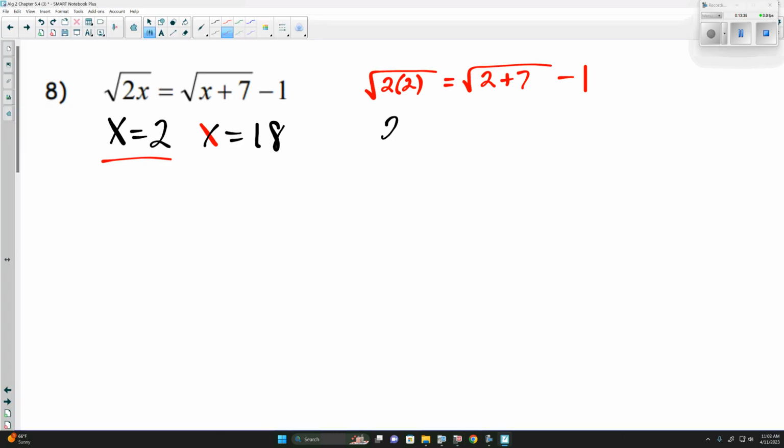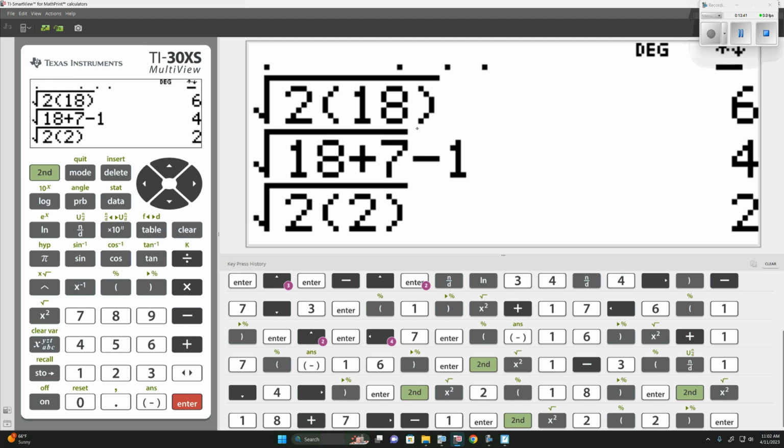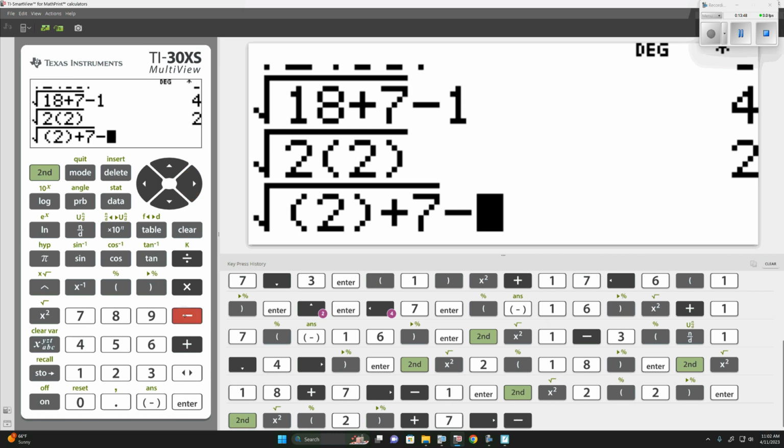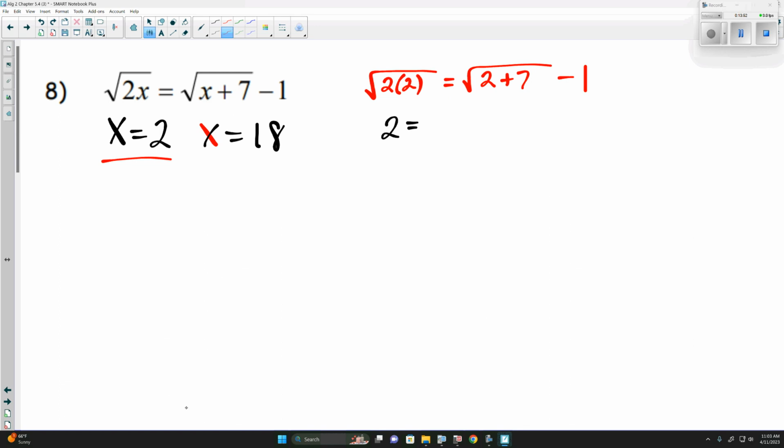So the entire left-hand side of the equation is 2. We can do the same thing with the right-hand side. You can grab the calculator and say square root of 2 plus 7, minus 1, is 2. So both sides are the same. 2 is equal to 2. So that tells us the solution x equals 2 works.